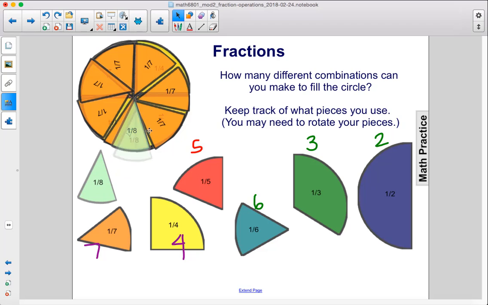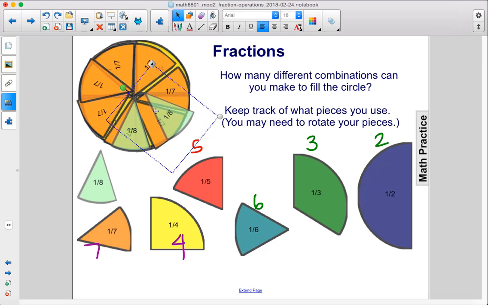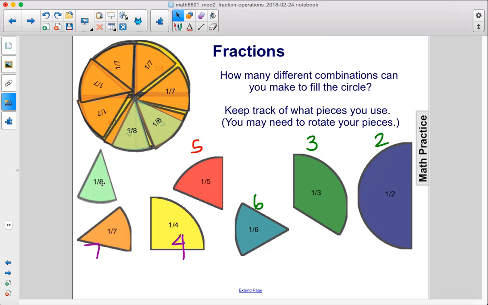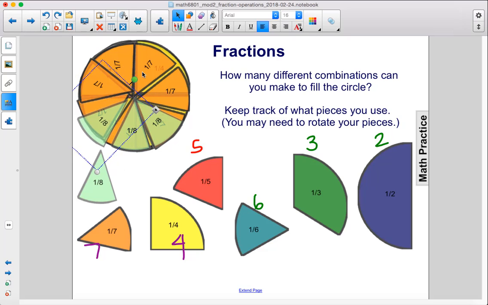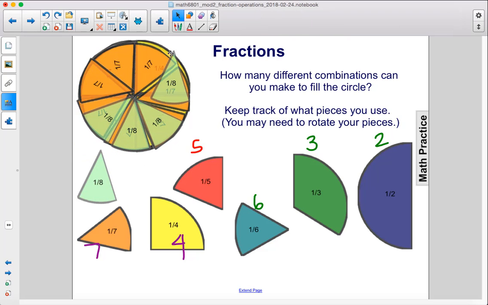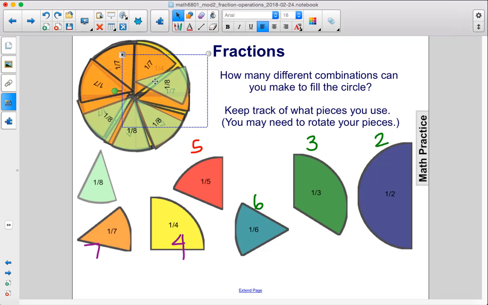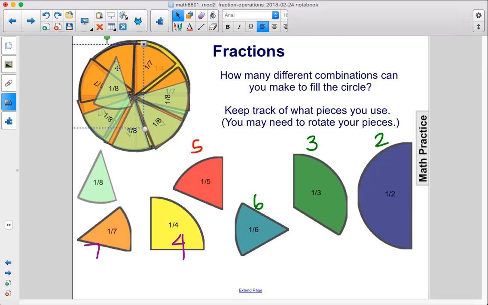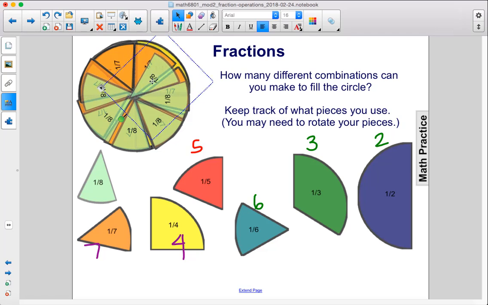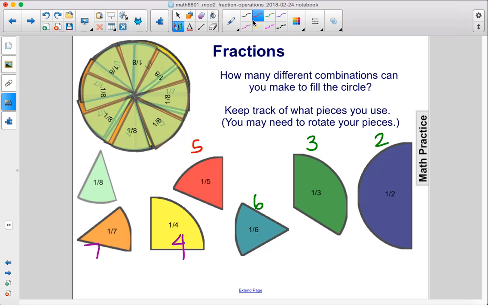So 1, 2, 3, 4, 5, 6, 7, and 8. So it took 8 of these.